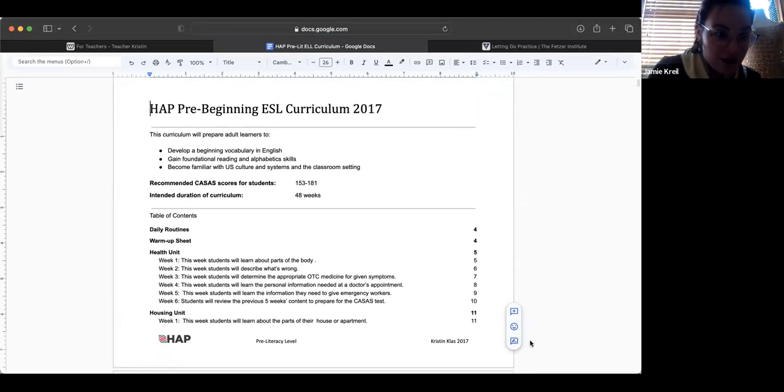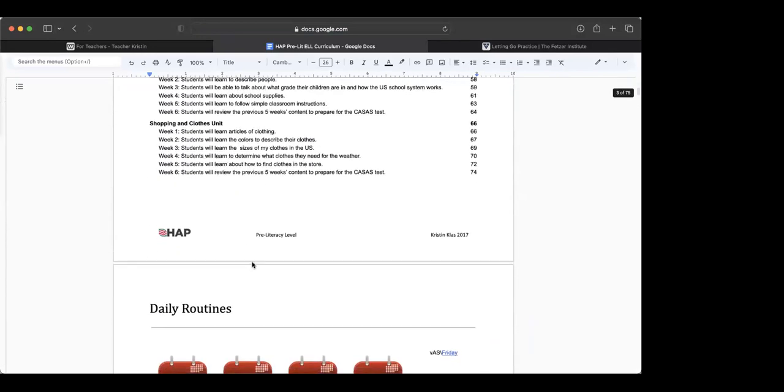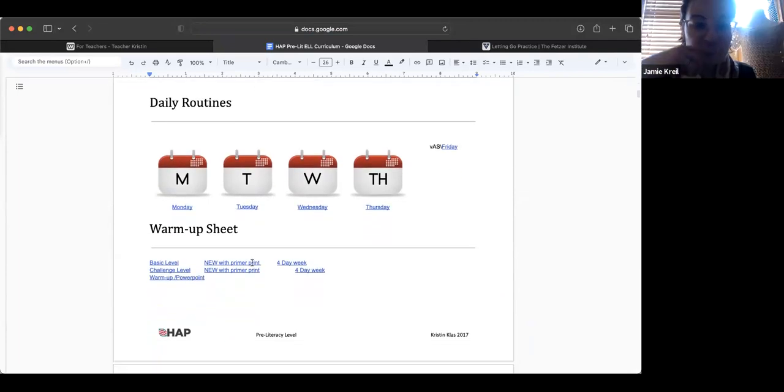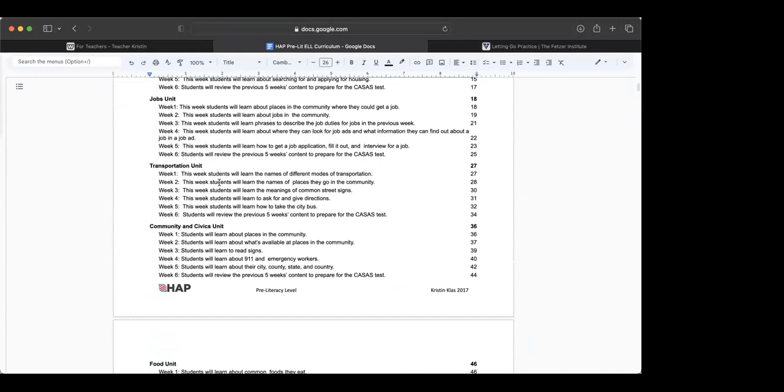And I think on the side here at some point when it's loaded up, you should be able to navigate to transportation week 1. Unless you want to scroll down. Yeah, I think I might need to scroll down. There's transportation and then week 1.